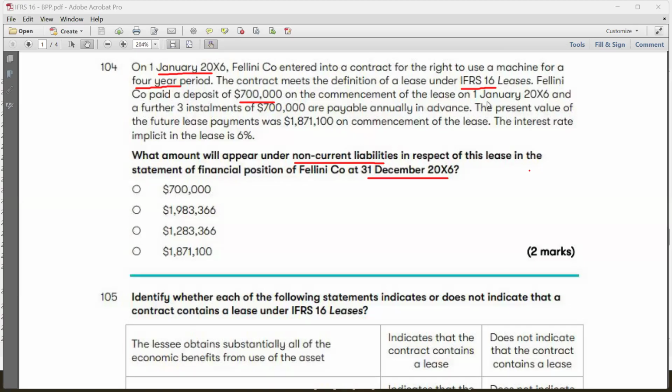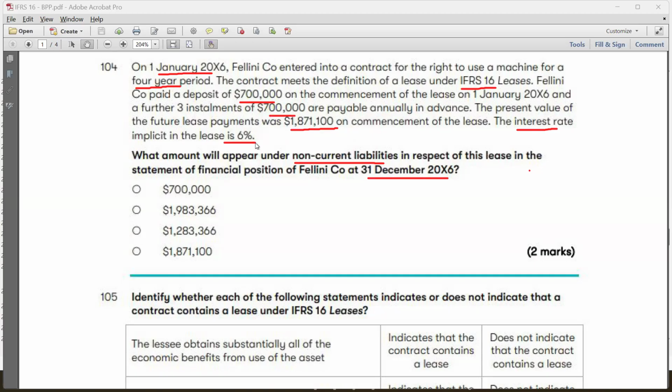On 1st of January 20x6, a further 3 installments of 700,000 are payable annually in advance, and the present value of these future lease payments was 1,871.1 million at the commencement of the lease, and the interest rate implicit in the lease is 6%.